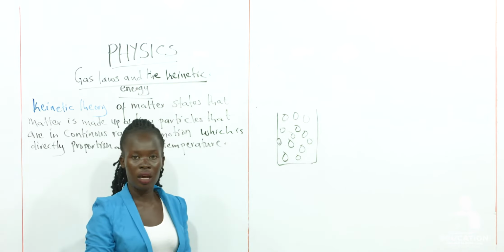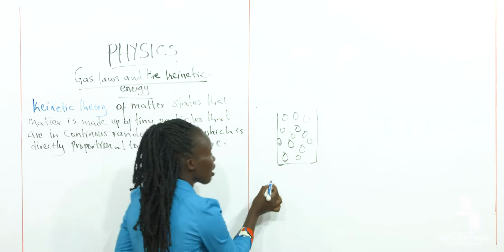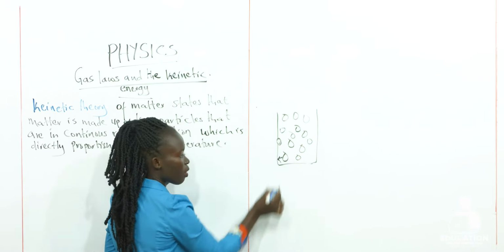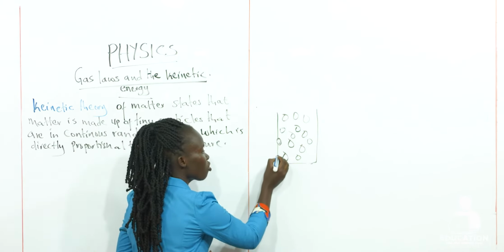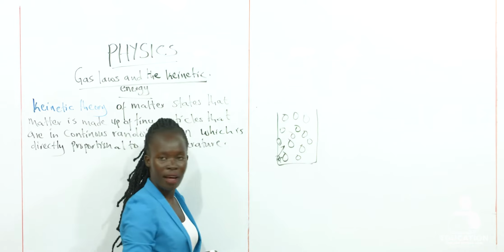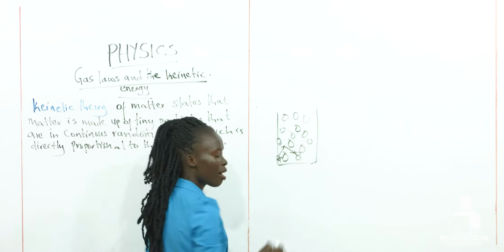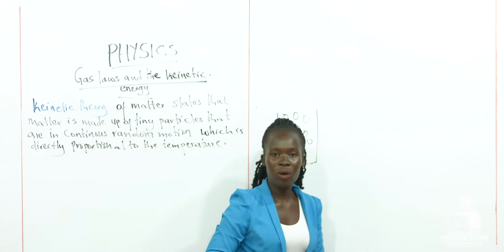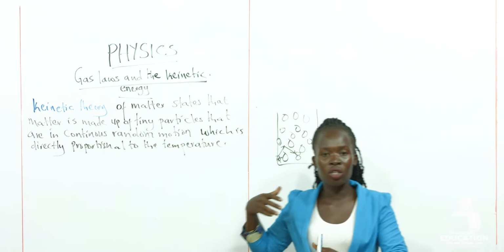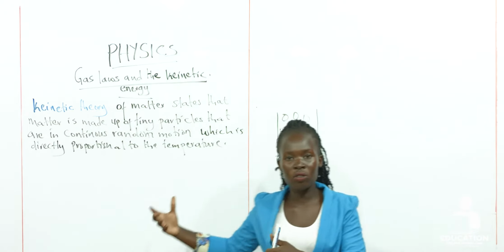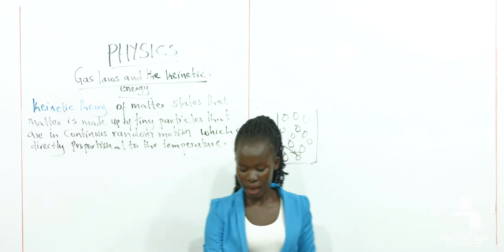Instead, after hitting the wall, they also move from this point to another. They continue moving and do not remain at that same point. That's why the theory assumes that these particles are elastic in nature.